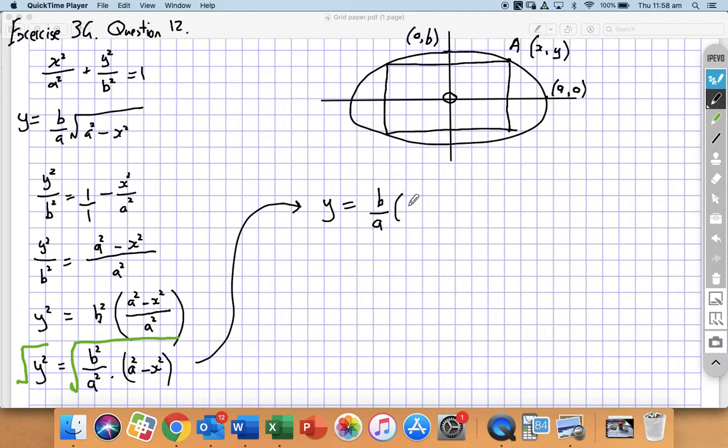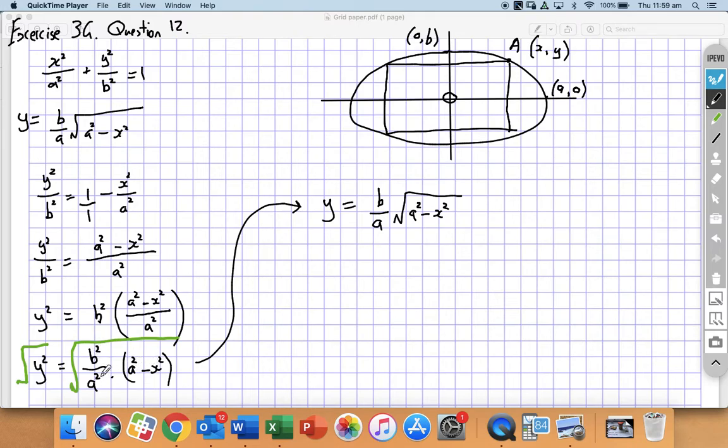Brackets, we don't need those brackets. Square root a squared minus x squared. Be very careful with square rooting expressions that have plus or minus in them.